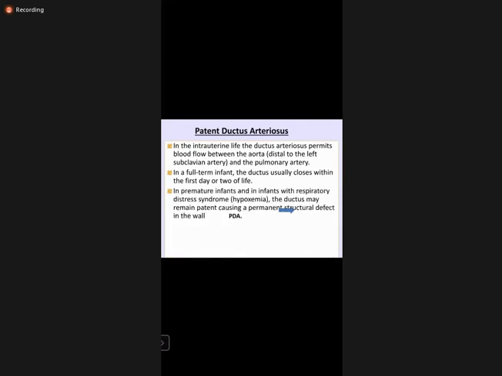In a premature infant and in an infant with respiratory distress or hypoxemia, the ductus may remain patent, causing a permanent structural defect in the wall of the PDA. So 90% are isolated defects, and in the remaining 10% of cases it is associated with either VSD, coarctation of aorta, pulmonary stenosis or aortic stenosis.